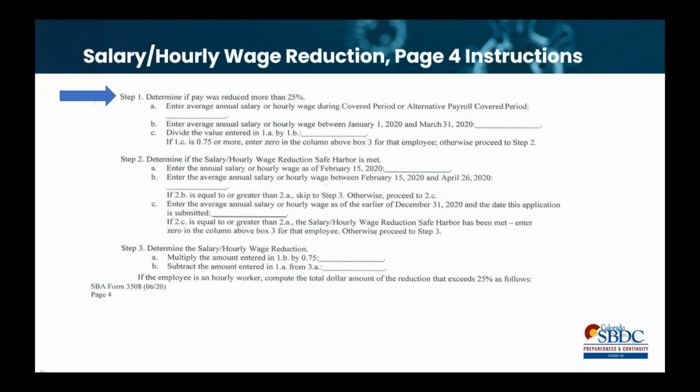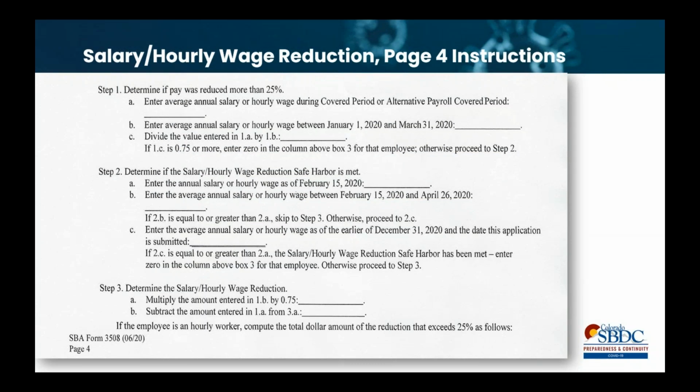Now let's show an example with an annual salary that actually decreased so we can follow the math through the form. Let's use our employee Bob. Bob had an annual salary of $50,000 during the first quarter of the year. Bob continues to work full-time for the business during the pandemic, but the business cut Bob's pay to $30,000 annually.